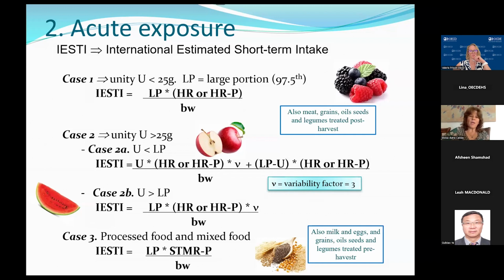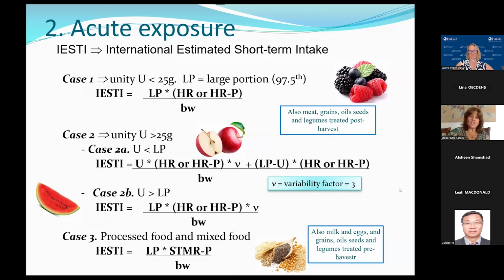So we have case one, where we use the large portion. Case one is when the unit weight is very small, for example in the case of small fruits, or also grains treated pre-harvest. And you use the HR.